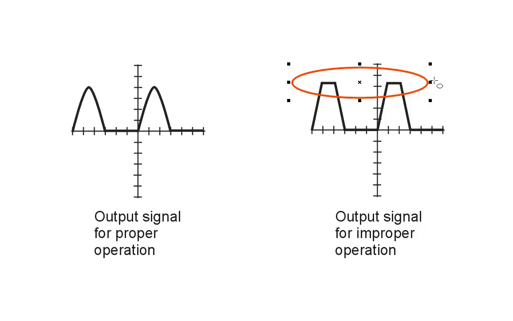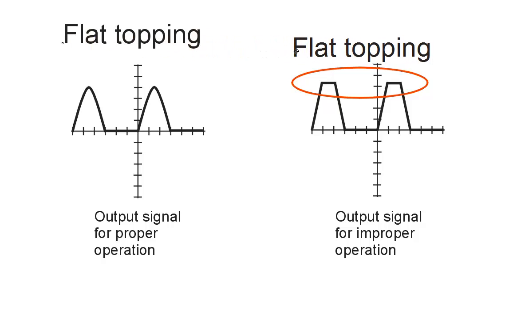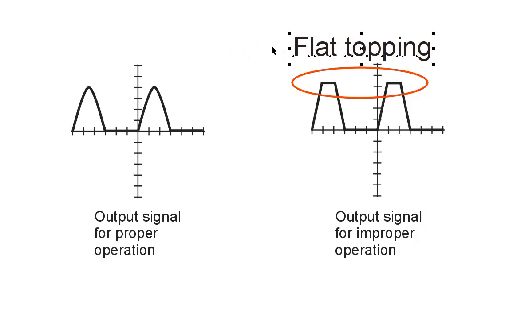It looks like clipping, similar to what we would get with a limiter circuit. But this is not the kind of thing that we want to see in this kind of circuit. It is called flat topping. Does that surprise you a whole lot? The tops of the waveform appear flattened.